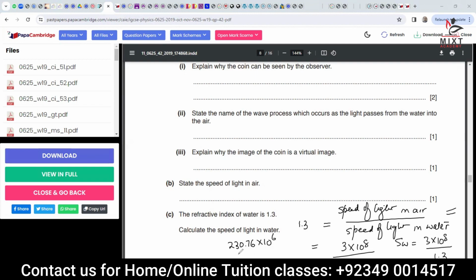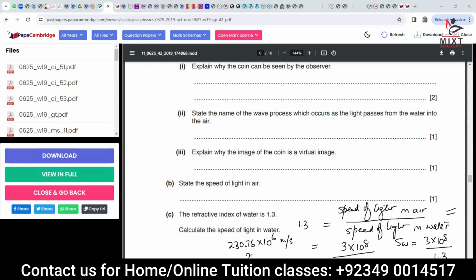Good. Now another very important thing. This is meter per second. Remember that the value which is given to you is not in standard notation as far as maths is concerned. The standard notation is that the decimal should be right after the first number. So if you move this decimal two places back, the power of 10 will be increased.